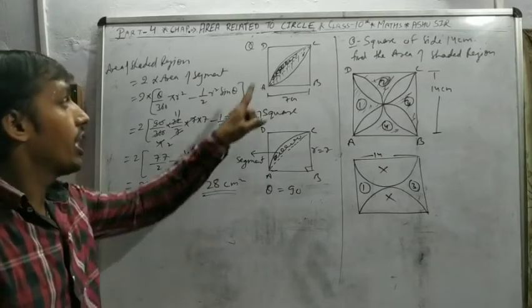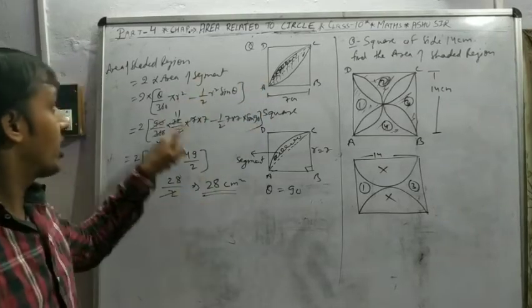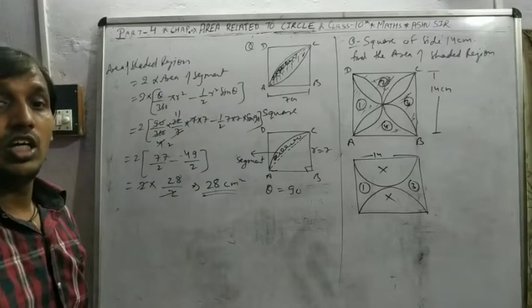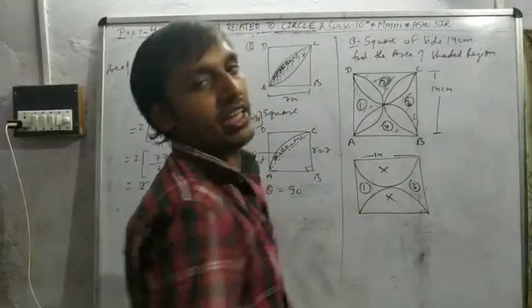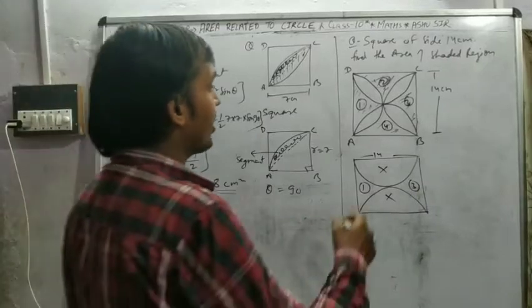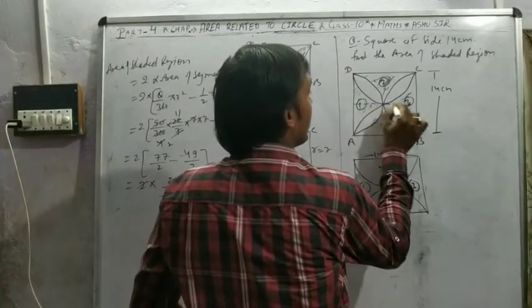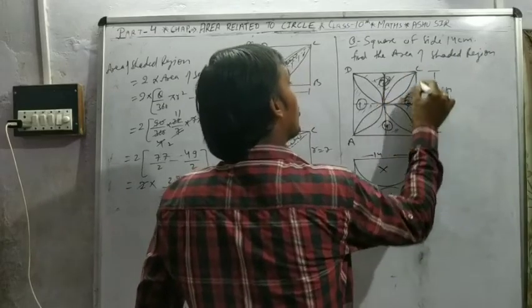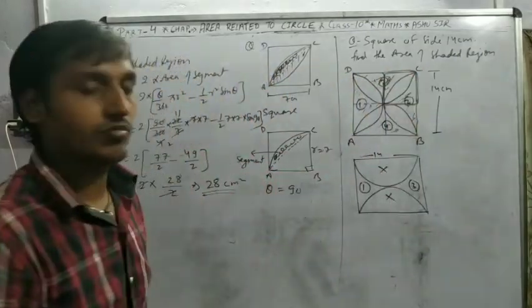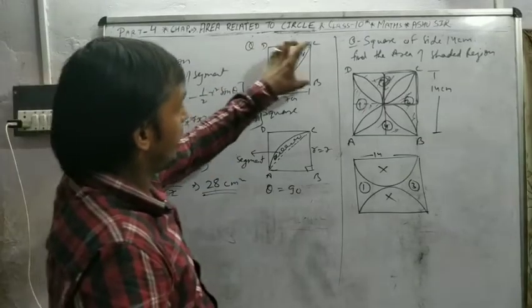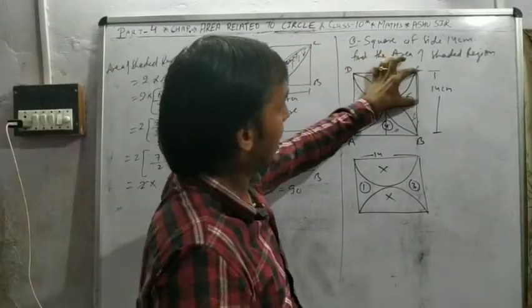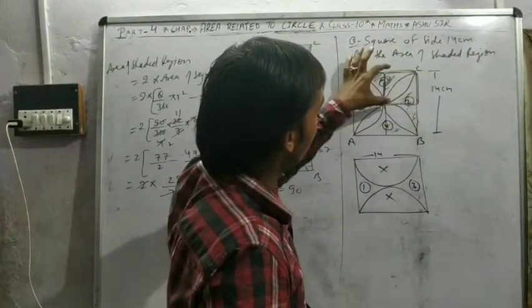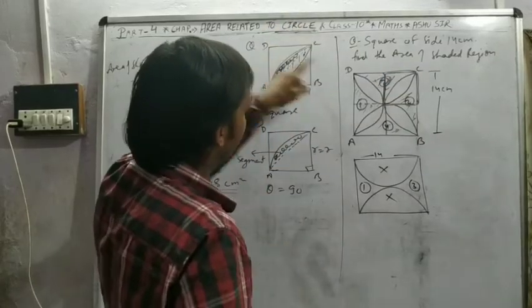Here, the area of the leaf we can find using the segment. Then we come to this figure again. If you divide this figure from this and this, can you say this and this are the same? 7, 14, whole 7, 7 leaves shaded.